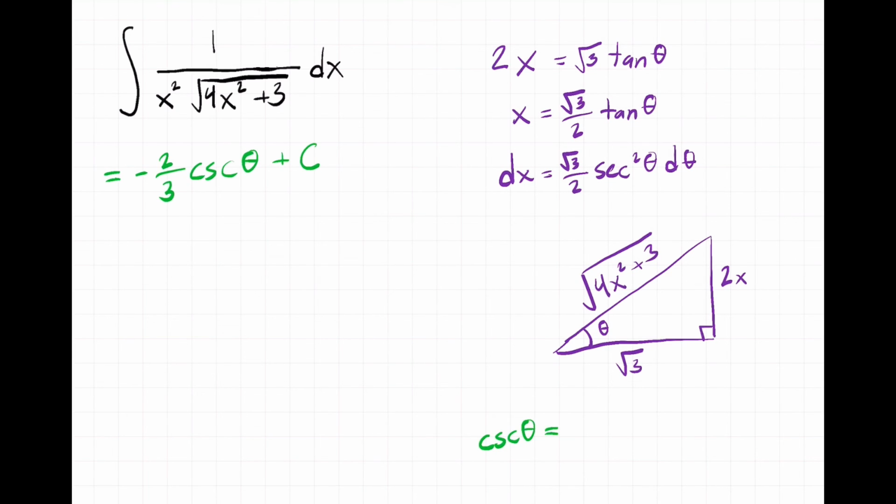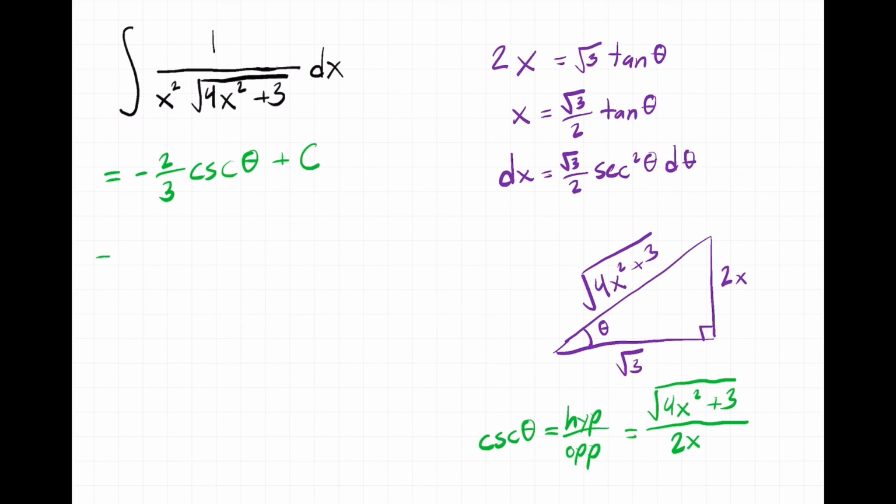Cosecant theta is the reciprocal of the sine function. If sine is opposite over hypotenuse, then cosecant is hypotenuse over opposite. So the hypotenuse of this triangle is the square root of 4x squared plus 3. And the opposite side is 2x. So this is what our cosecant theta is.